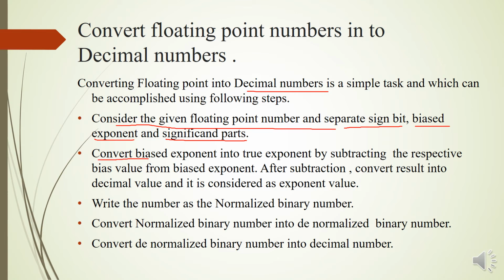Convert the biased exponent into the true exponent by subtracting the respective bias value from the biased exponent. After subtraction, convert the result into a decimal value, and it is considered as the exponent value.